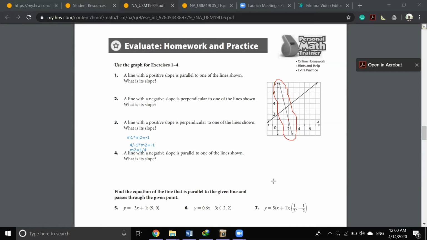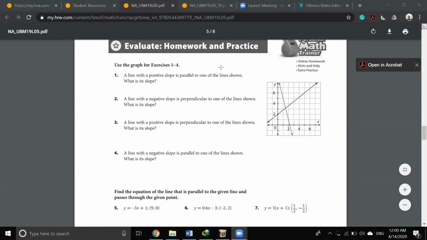If one of them is increasing like this, you will find that the second one, since it's perpendicular, will be decreasing. So when he is talking about a line with a negative slope perpendicular to a positive slope, he will actually be talking about the second line, not the red line. Okay, I hope it's understood.